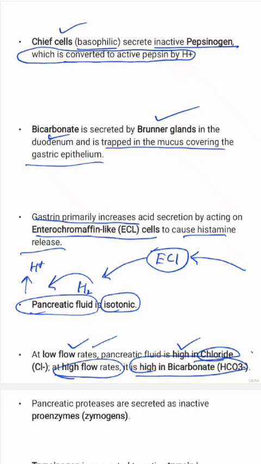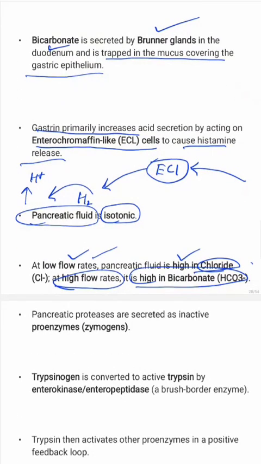So on the exocrine point of view, whenever its secretion is in greater quantity and speed, its secretion will be high in bicarbonate. But when there is low flow rate, then there will be high chloride.